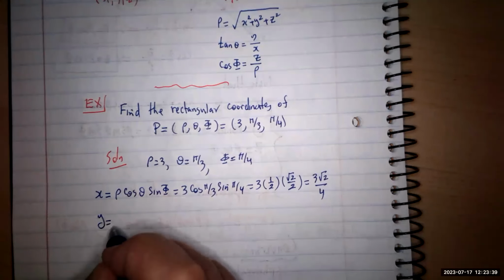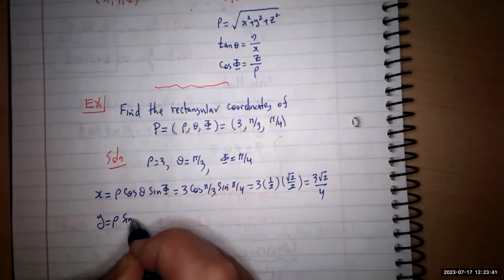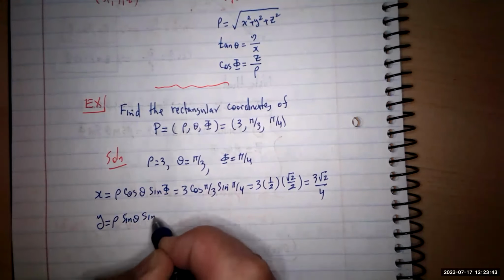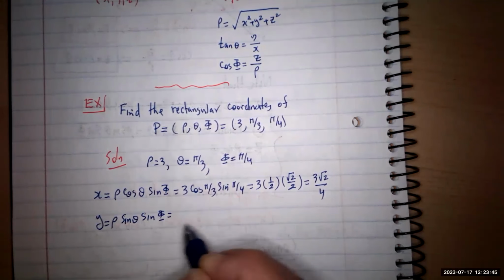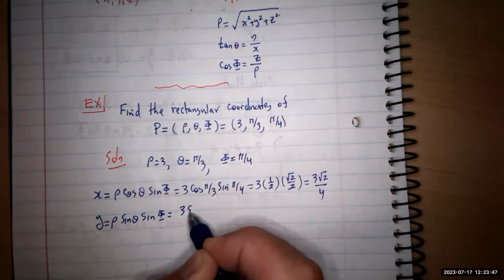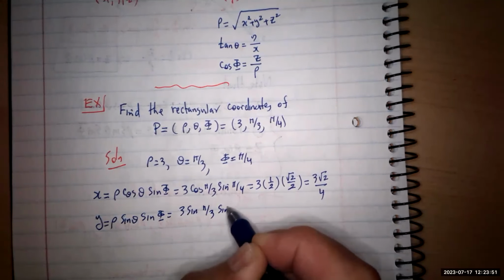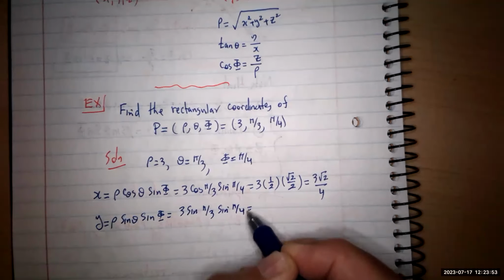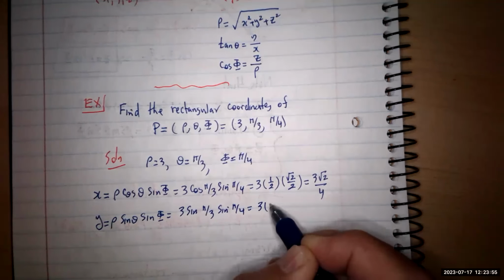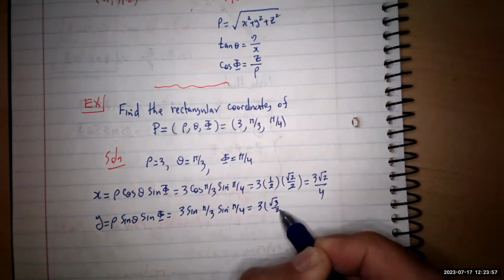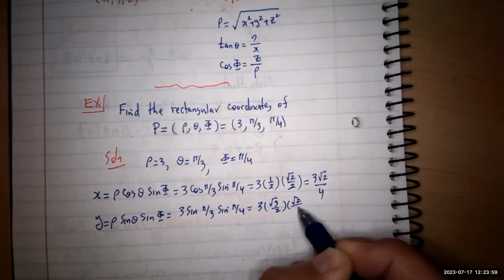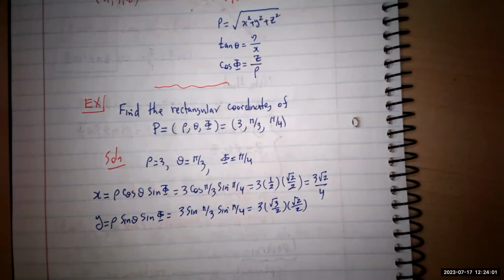Just go ahead, get the other formula. Y is equal to rho sine of theta sine of phi. So that gives us 3 sine of pi/3 sine of pi/4. The sine of pi/3 is radical 3 over 2, and that's a radical 2 over 2. No decimal numbers, just give us the irrational form.